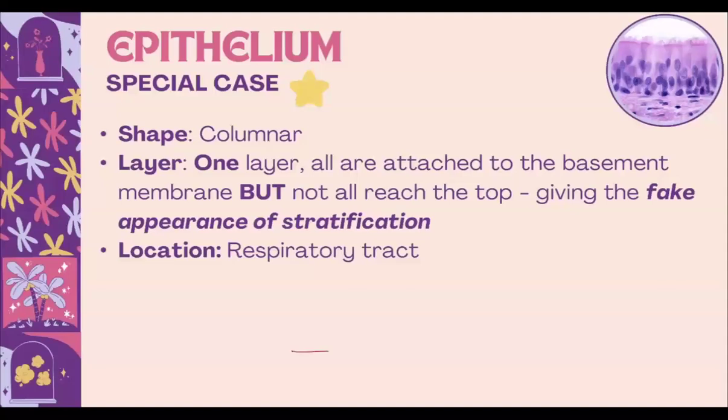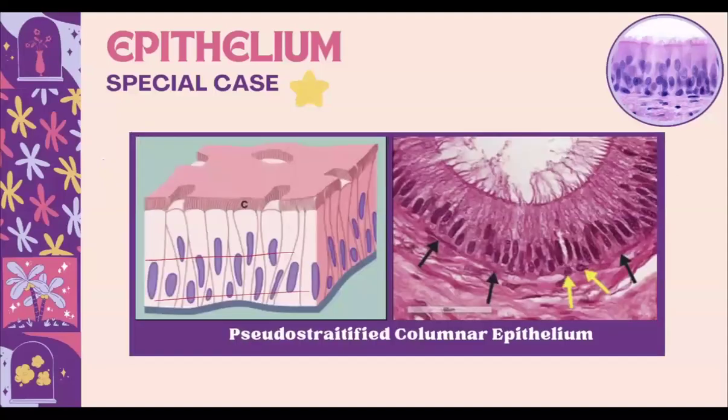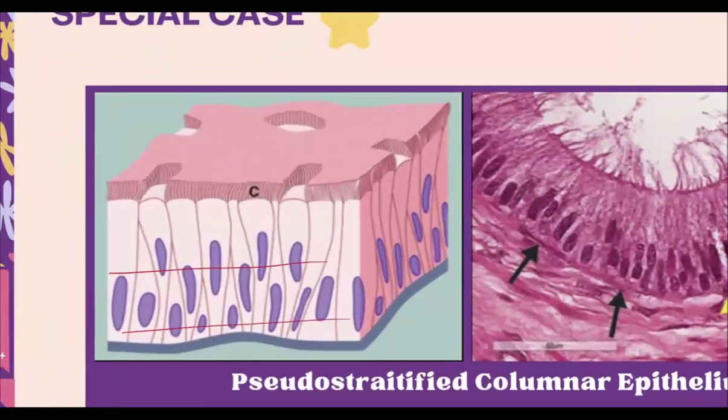And so it's called pseudostratified. Pseudo means fake. It means that it looks like it's stratified. The way you can tell is that each cell, literally all of them, is attached to the basement membrane, but not all of them reach to the top.